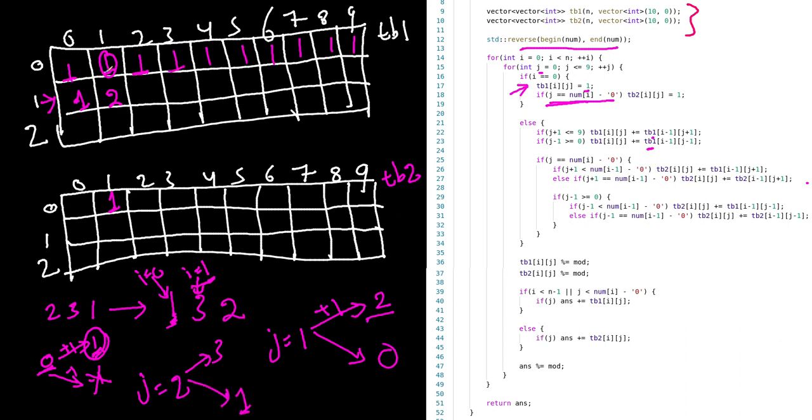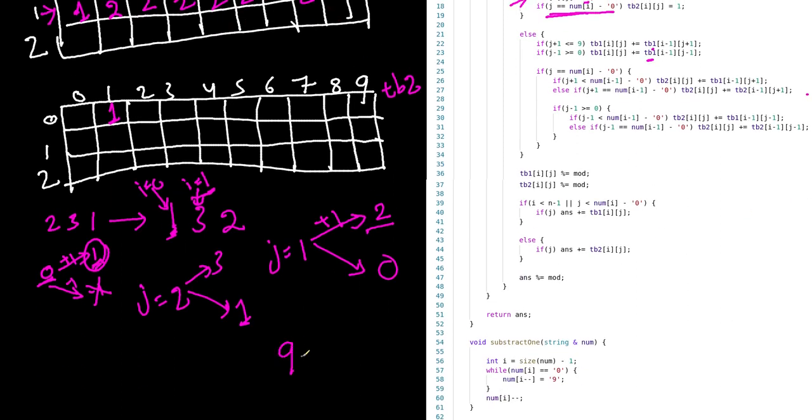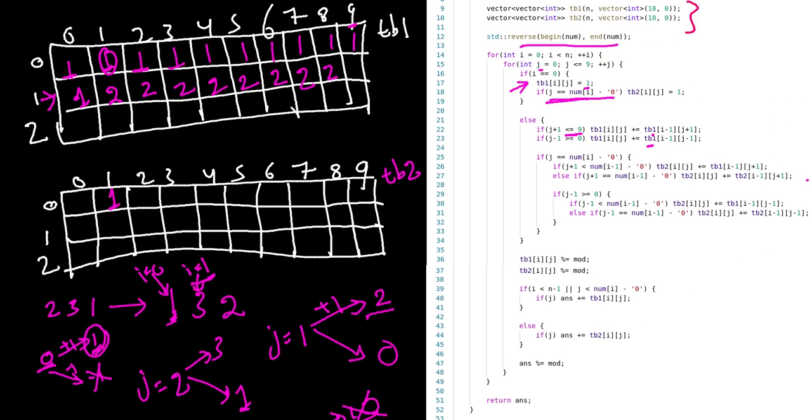This is 3 and this is 1, the same for the rest, and at the end, j equal 9. The possibilities are 9 plus 1 is 10 and 9 minus 1 is 8. Now 10 is not less than 9, so this is invalid. 8 is less, so the value at 8 is 1, so this is 1.